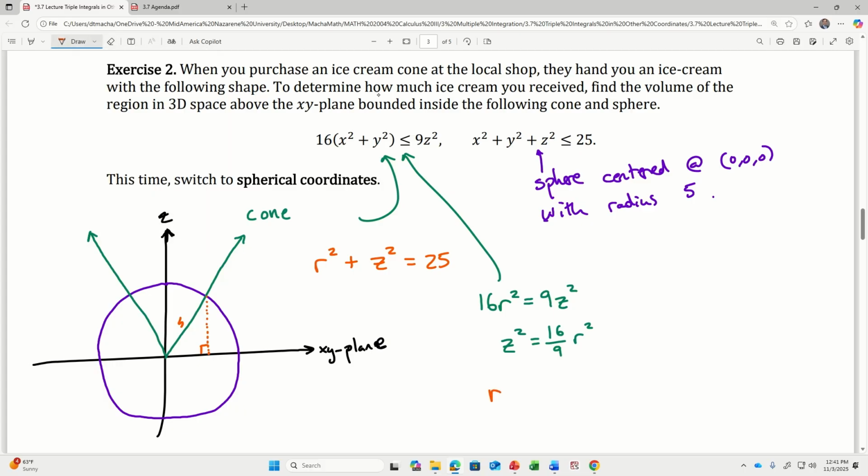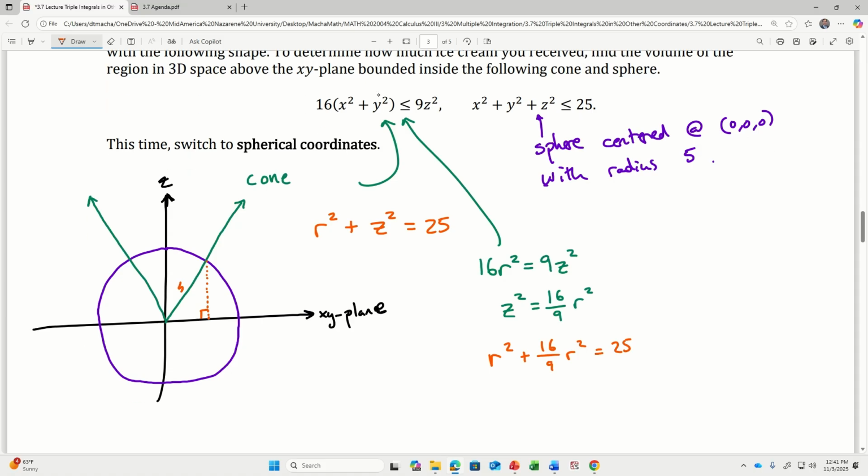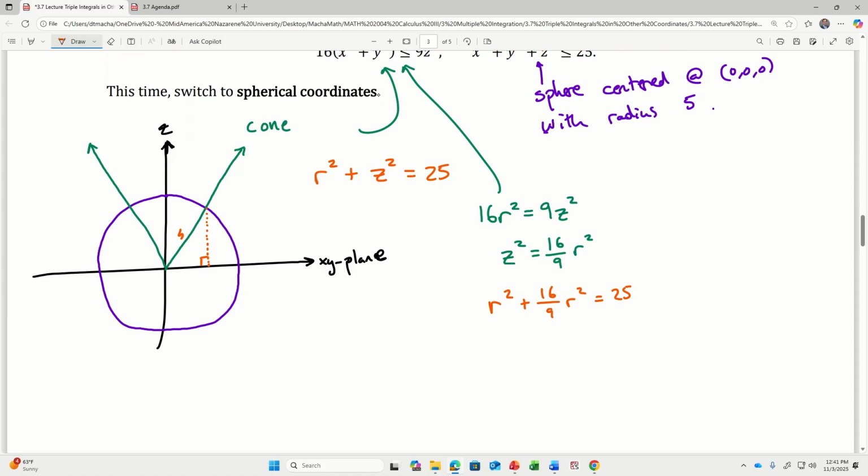Now we write r squared plus 16 over 9 r squared equals 25. R squared is like 9 over 9, so 9 plus 16 is 25, so I've got 25 ninths r squared is equal to 25. R squared is equal to 9. R equals 3. Whew. Okay, so this side length is 3.